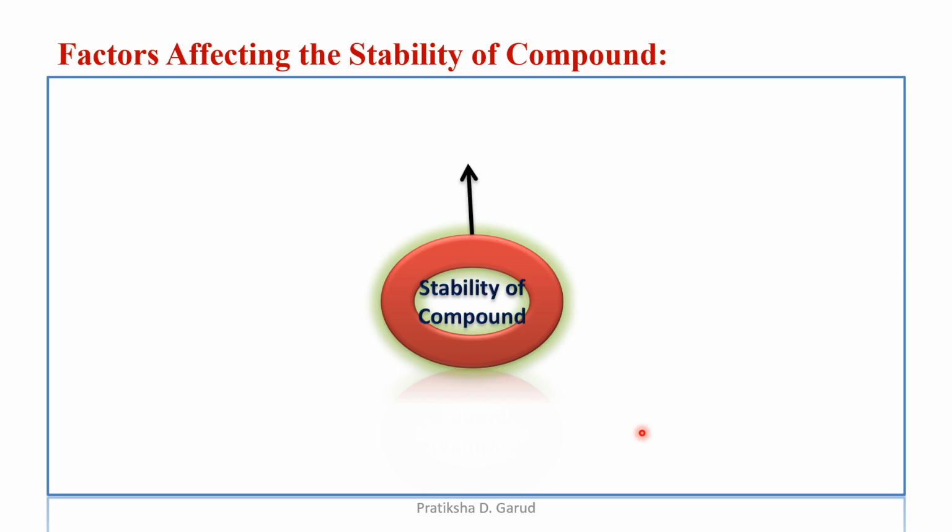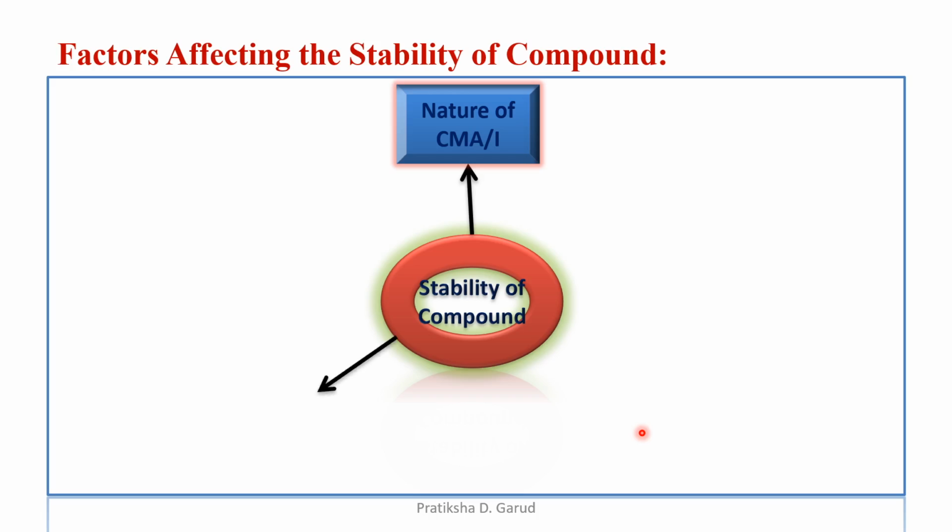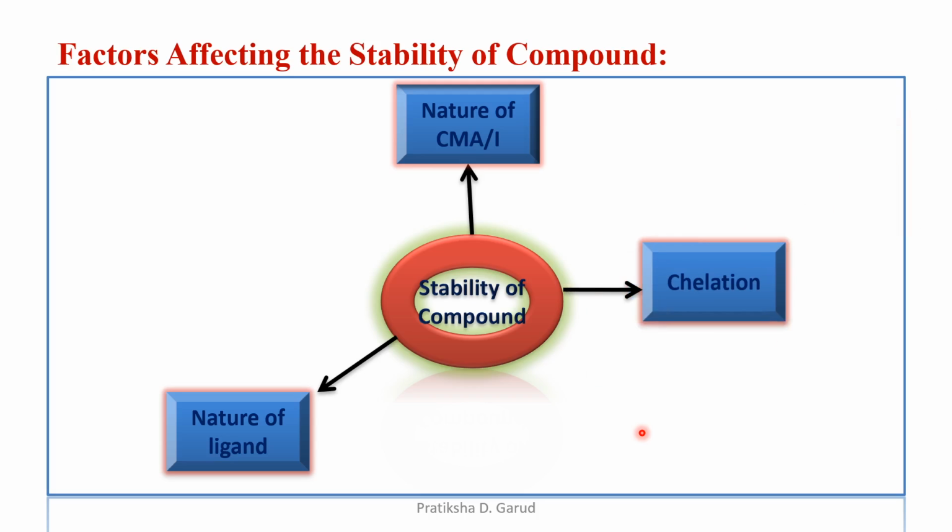The first factor is the nature of central metal atom or the ion, right? The second factor is the nature of ligand, right? And the third factor is the chelation. So these are the three factors on which the stability of the compounds depends, right?